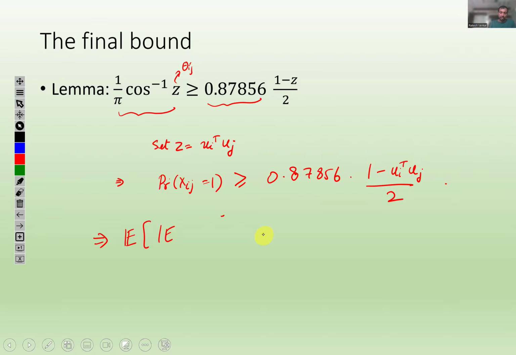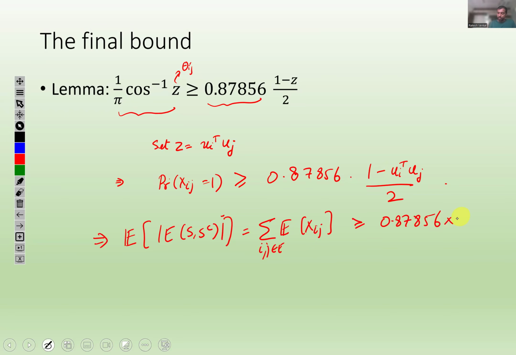You take the minimum over all z. Summation of expected value over ij in E of xij is greater than or equal to 0.87856 times summation of 1 minus ui transpose uj by 2. But what is this? This is exactly the objective value.